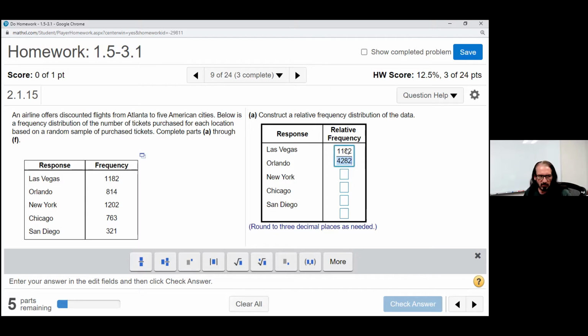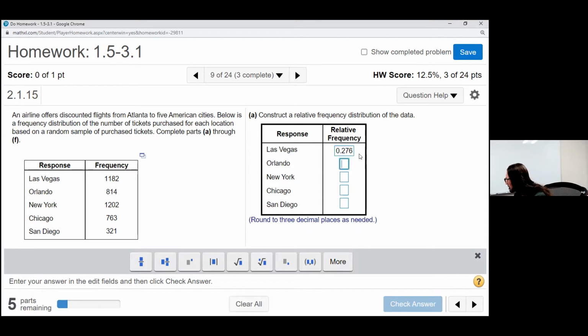I'm not going to give that as the answer. Look what happens if I try to give that. Well, it won't let me check yet. But they want that as a decimal, rounded to 3 places. And I came up with 0.2760 something, which would round down to 0.276.